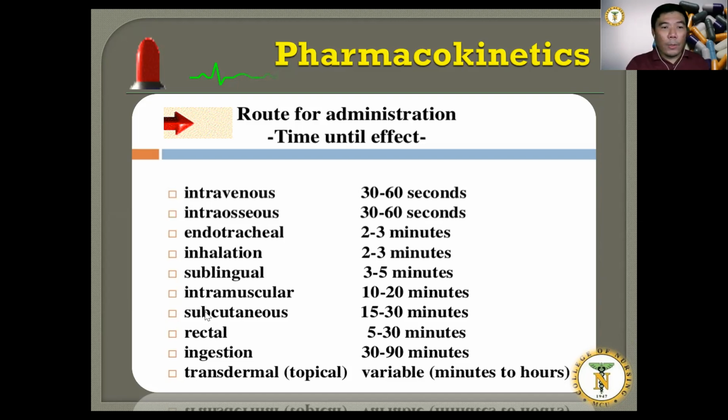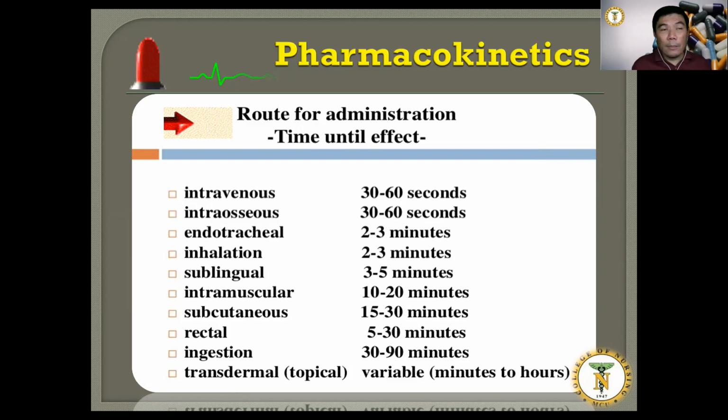Now, let's have a review of what we discussed last time. We have discussed the route of administration and its effects, specifically the enteral and the parenteral routes of administration, and we have already identified the basic concepts of the relationship between the maximum concentration and the maximum time.